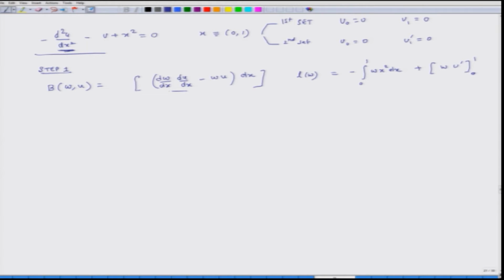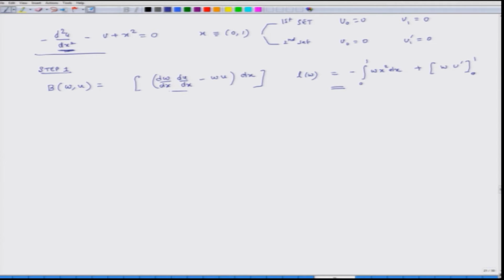If you are not sure of how we get this, you again follow the same process which we have explained several times earlier: you multiply this whole equation by W, integrate it with respect to x, integrate it by parts, and you will get this form. So, this L functional will give us the F vector or the forcing vector, and the B functional will give us the n by n matrix.